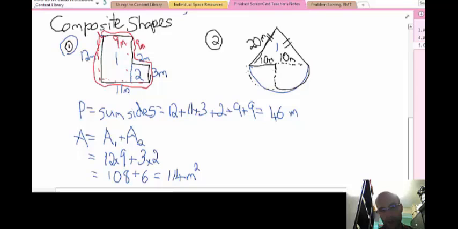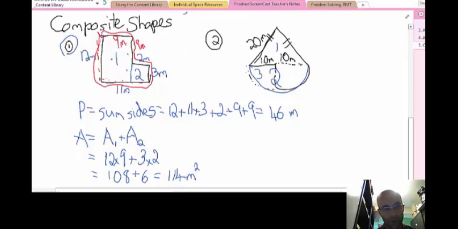So we could look at this as one shape minus another shape, or one shape plus. You could say it's a quarter circle or a quadrant plus a triangle, or you could say it's a semicircle minus half of that semicircle.